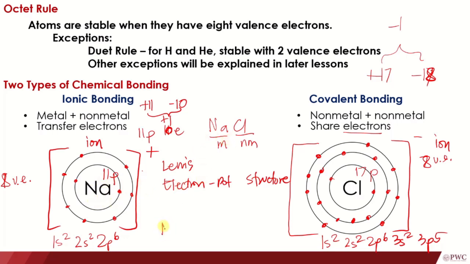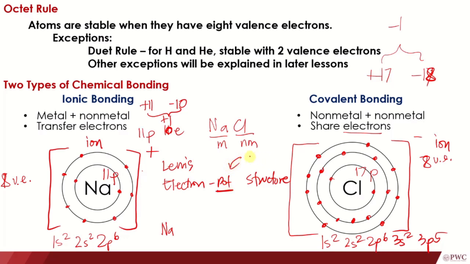Here, the sodium. So in this case, we have this one. This symbol represents the nucleus of this atom. Then we'll put some dots, and the dots will be the valence electrons.